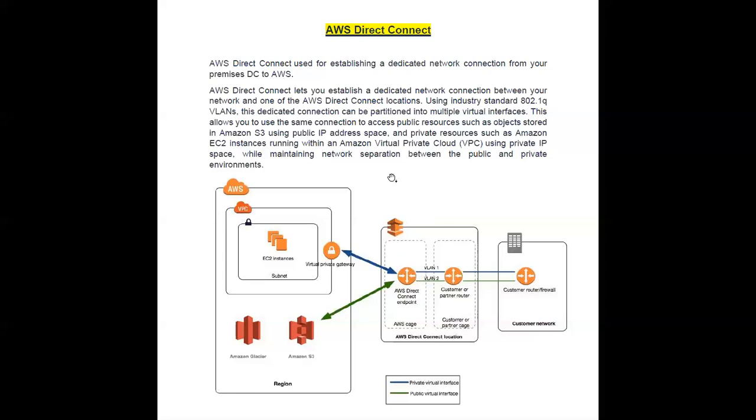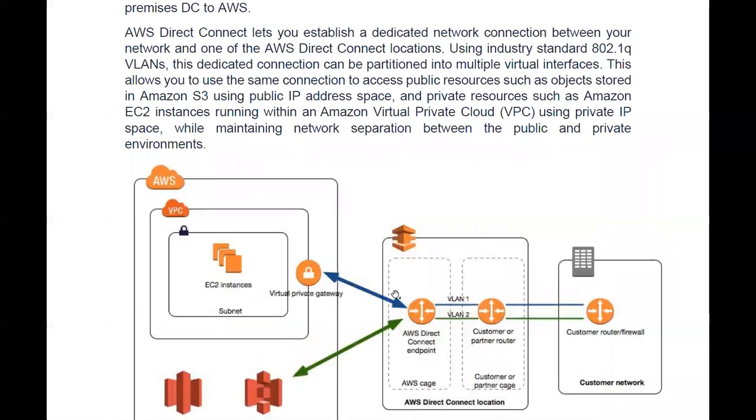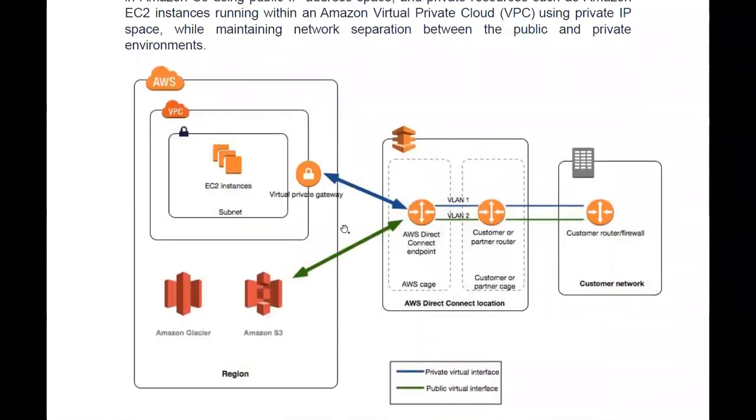We are going to see the detailed information about Direct Connect. This is the infrastructure diagram. This is the AWS data center, and this is our data center, where Direct Connect comes into the picture.